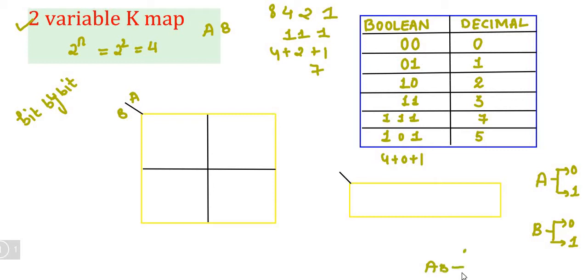Then it can have 4 values: 00, 01, 10 and 11. So I write one bit here which will be 0, and then I have to change this, so it will become 1. The same thing I do for B: I can write 0 and 1.